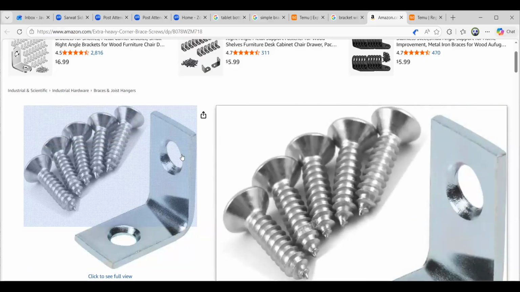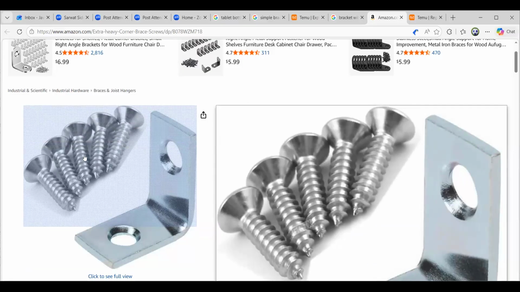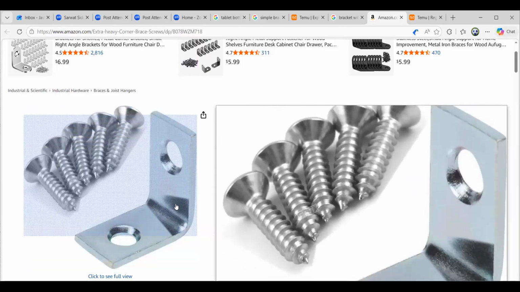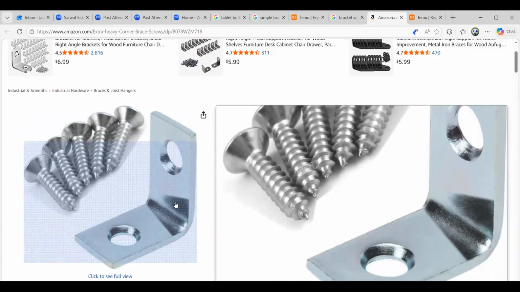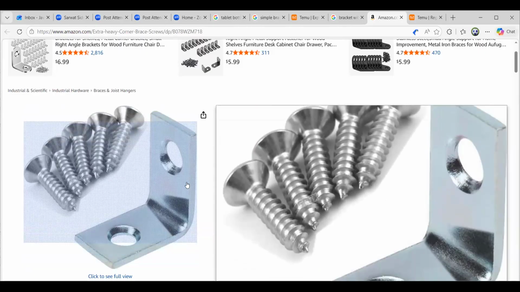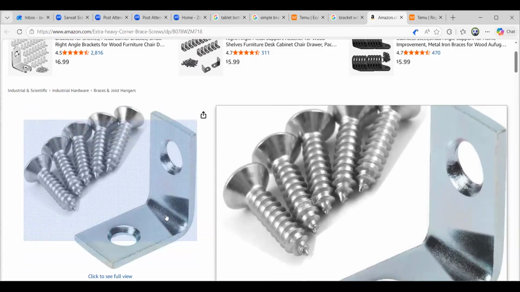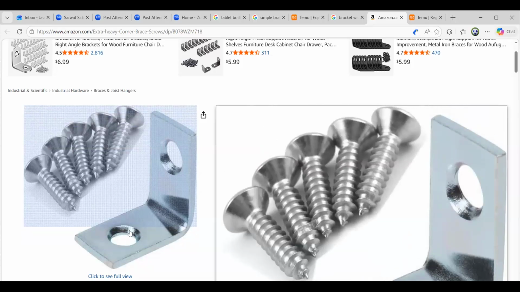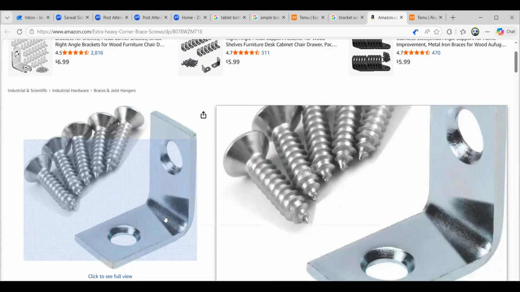In that case, if you buy from the hardware shop, you will just pay the price of this screw, like 4 cents or 5 cents, or 1 rupee or 2 rupees. In the case of raw material, you will buy the material, that will be your cost, and then you will hand it over to the machine shop. They will say it will take, let's say, 10 minutes to bend this bracket, 5 minutes to apply this piercing, and then we'll have to apply coating.